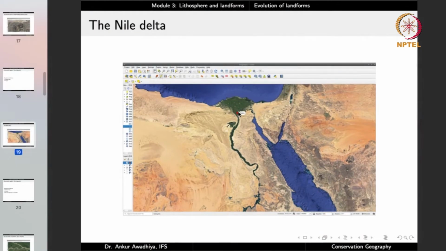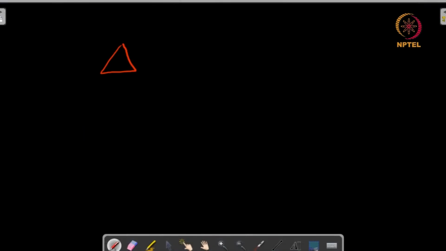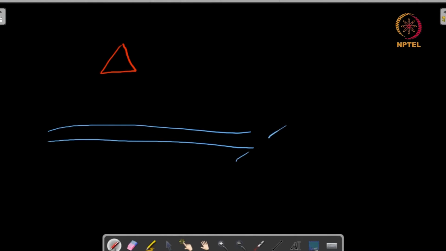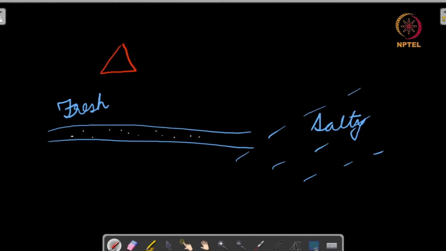Now, why do rivers form delta? Rivers form delta because when you have a river that meets the sea, the sea has salty water, whereas the river is having fresh water. Now in the fresh water, when the river is carrying these sediments, a lot of these sediments stay suspended because of their charges.